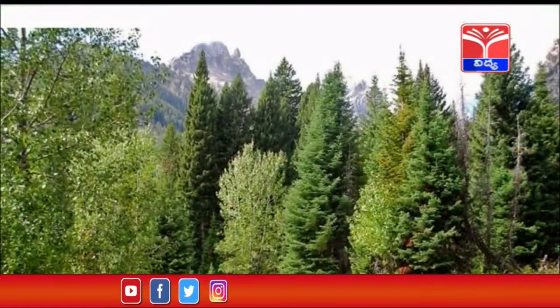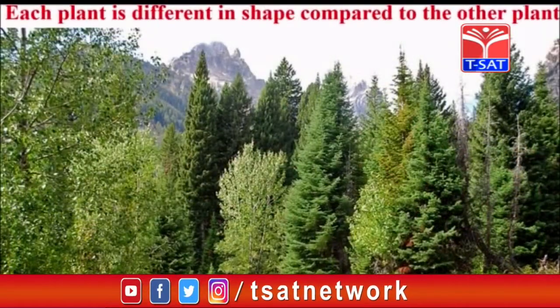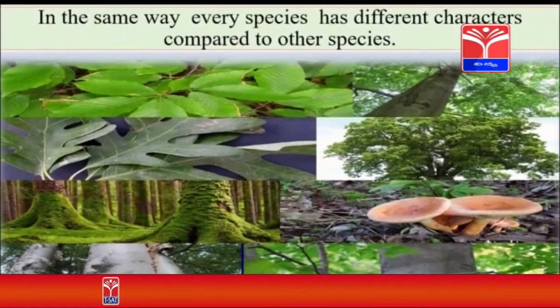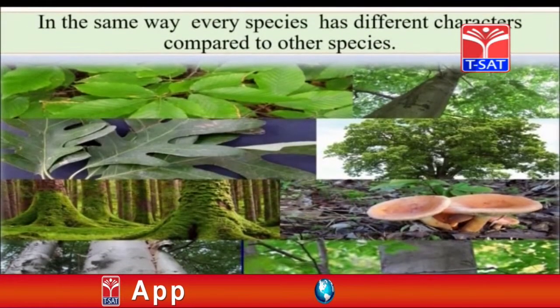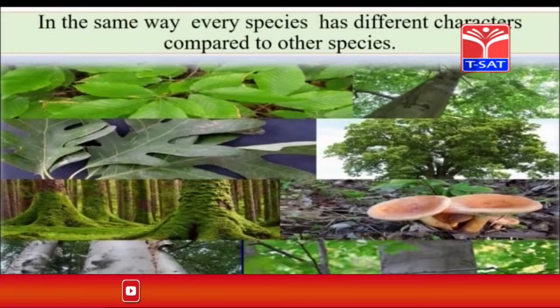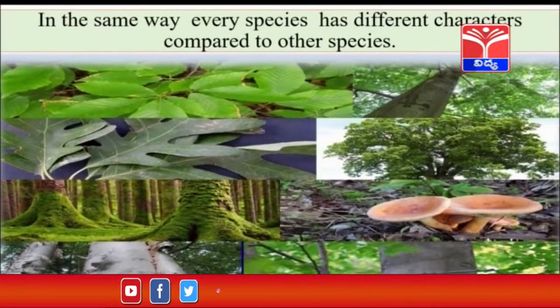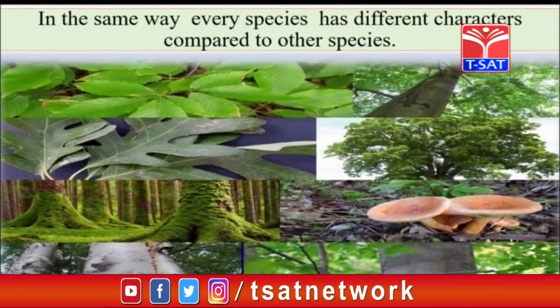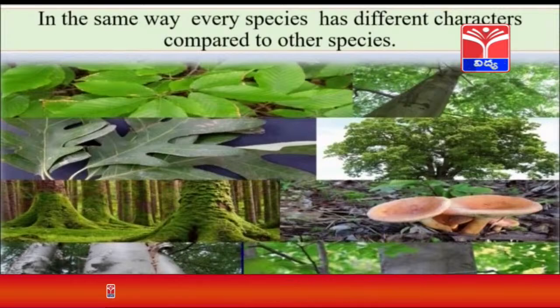When we look at these plants, each plant is different in shape compared to other plants. In the same way, every species has different characters compared to other species. These differences are in terms of their shape, color, size, or root system, stem, branches, leaves, flowers and fruits.